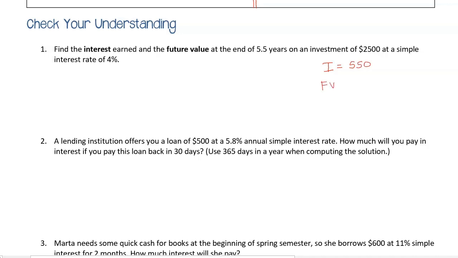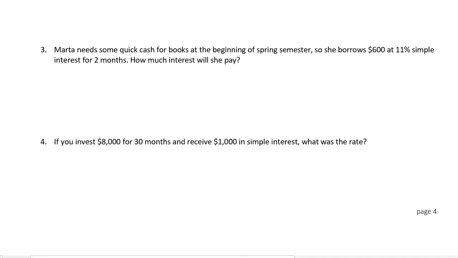Future value is going to be $3,050. Problem 2, the answer for interest is going to be $2.38. Problem 3, the interest is going to be $11. And problem 4, the rate will be 5%.